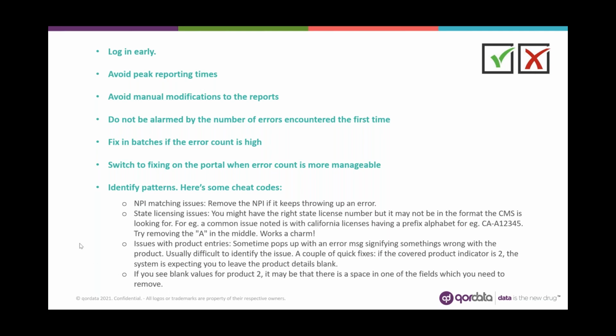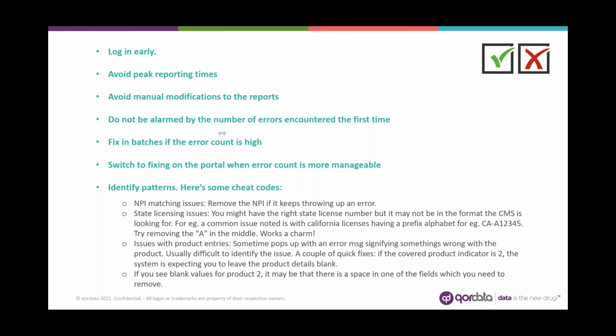Next, once you've managed to get the count down to, let's say, about 50 or so, between 50 and 100, you might want to then switch to fixing them on the portal itself.